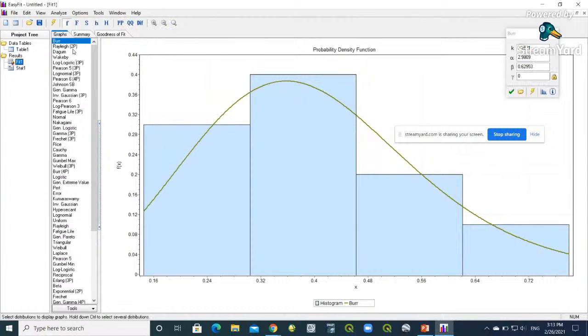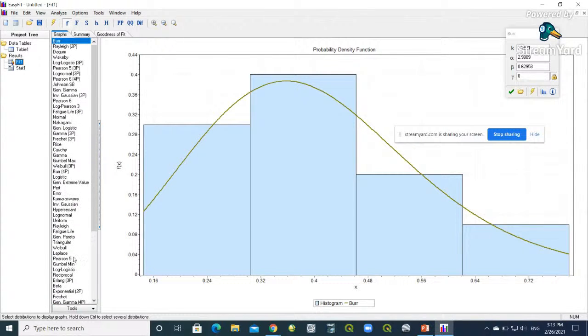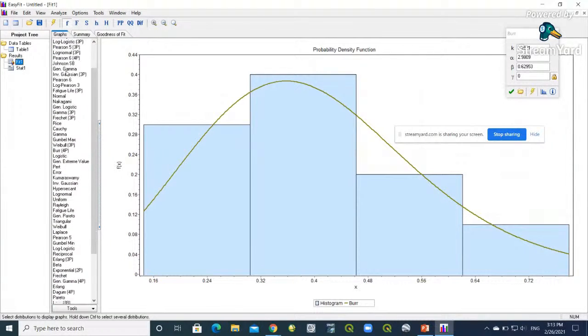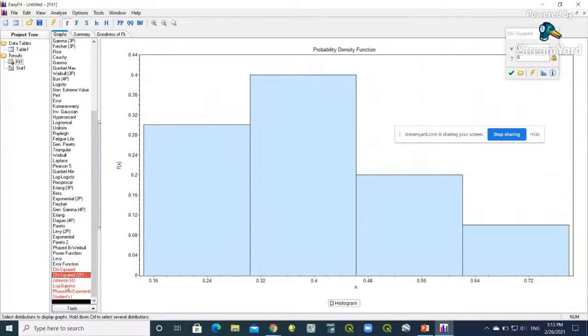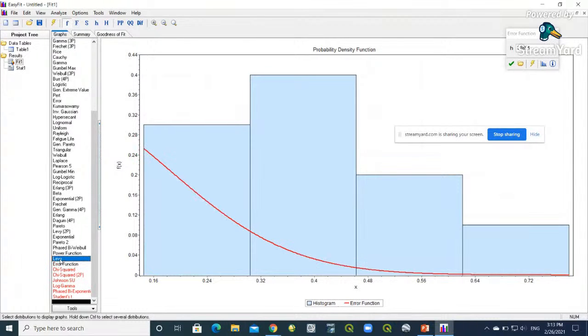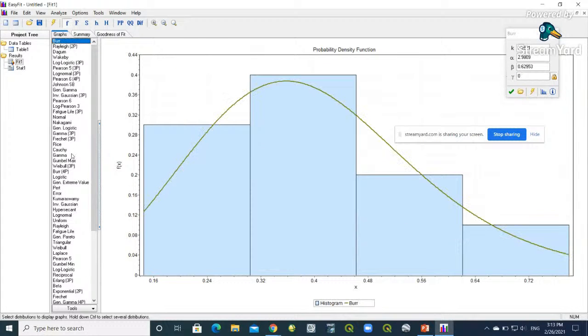You will see that this many PDF functions are fitted for this data. Some are not applicable to this data, so they are shown in red. Above them are the functions which are applicable to this data.